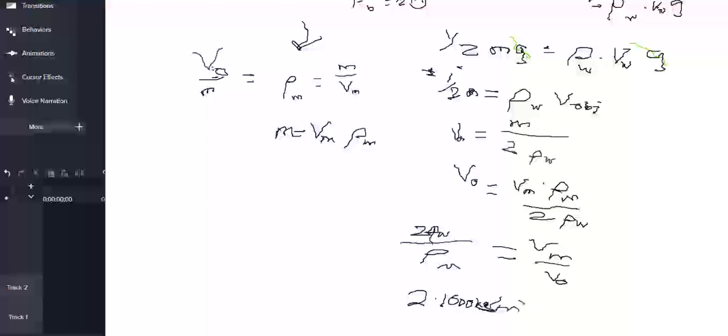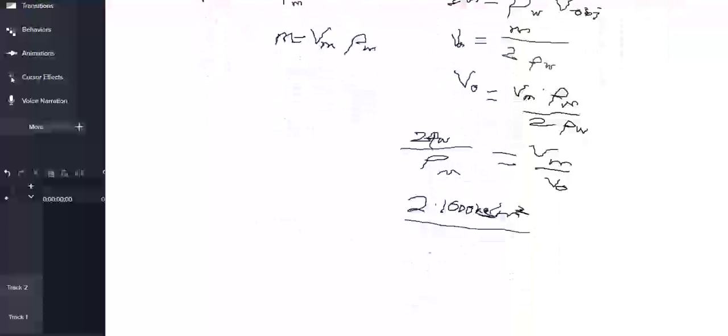In the problem that I was given, the density of the solid material was 2.24 times 10 to the third, or 2,240 kilograms per meter cubed. Sorry, that's a 4. Can't ever write 4s with a broken arm or without one.